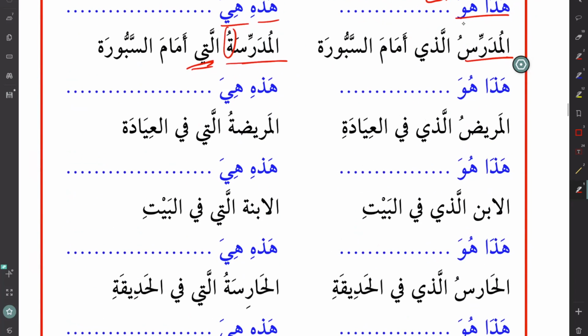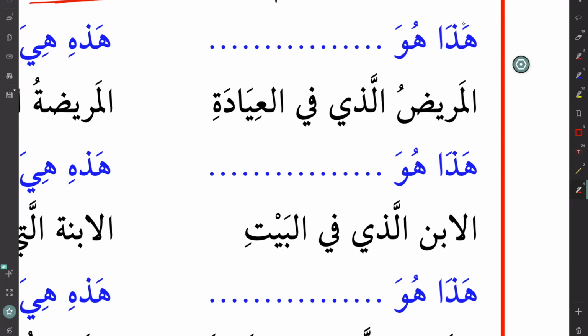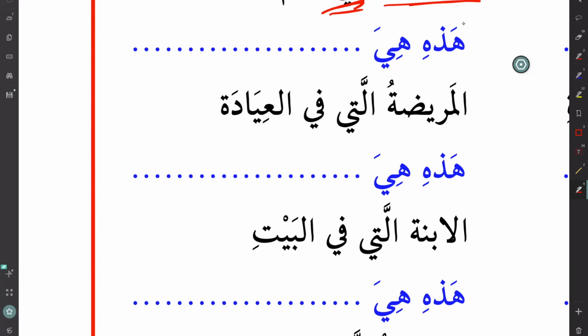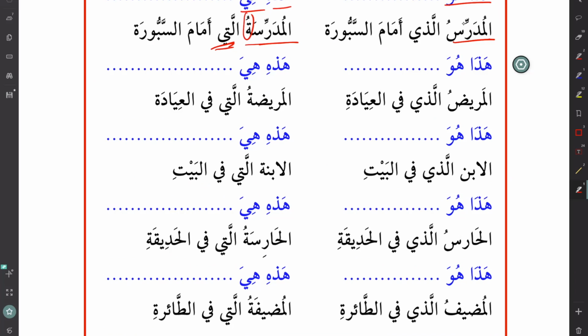I'll just do one more here. هذا هو ابن الذي في البيت. He is the son who is in the house. And the female version would be هذه هي ابنة التي في البيت. This is the daughter who is in the house. Okay? And I'm sure inshallah we'll be seeing this type of sentence more.